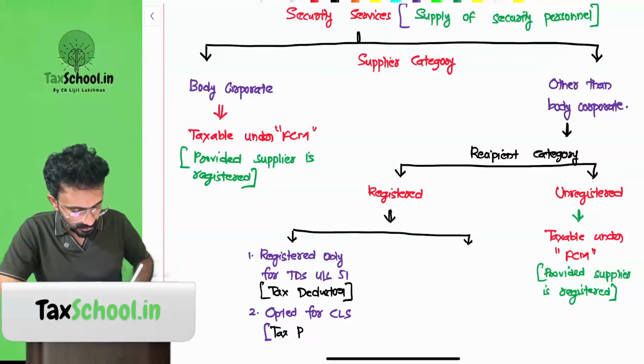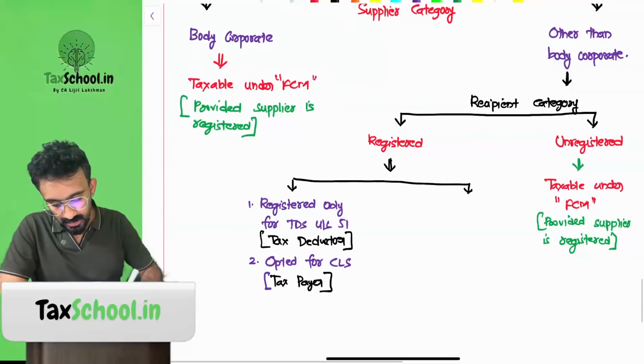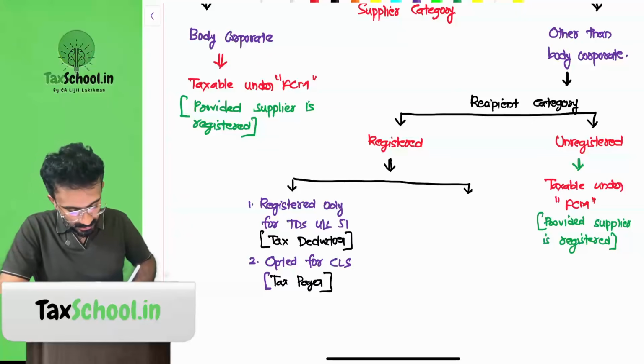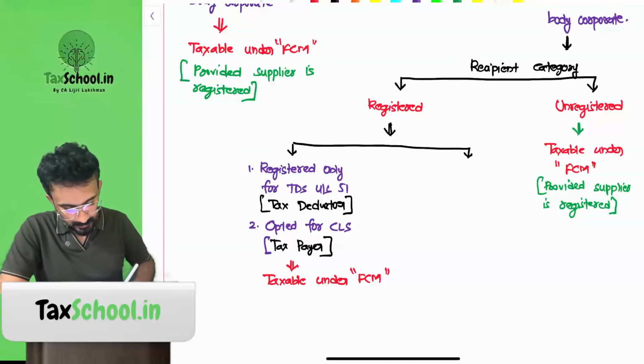If they are a taxpayer and they have opted for composition, or they are a tax deductor registration, then again it will be under FCM, provided the supplier is registered.